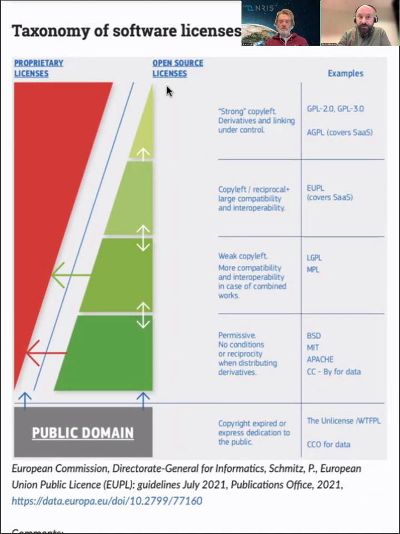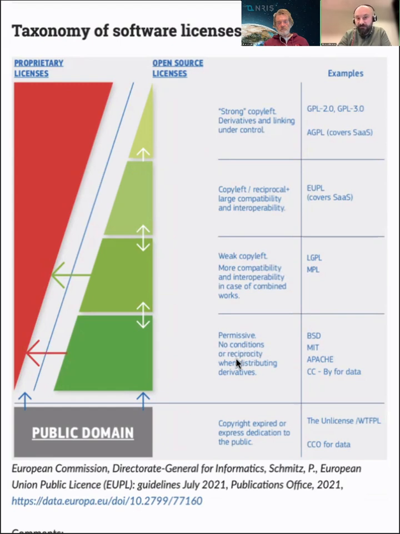You can think of the code that exists in the world as divided between proprietary code, which follows proprietary licenses, full copyright, and then open source code. Now, in the open source code, this green triangle that you see here, there is a continuum of different types of licenses that you can attach. Some at the bottom, dark green, are very permissive licenses.